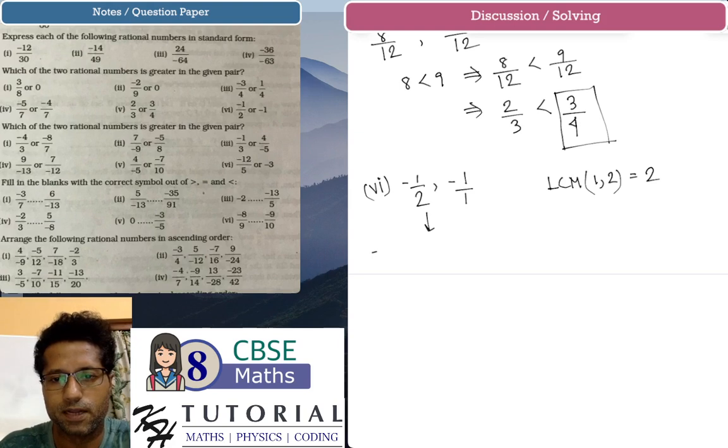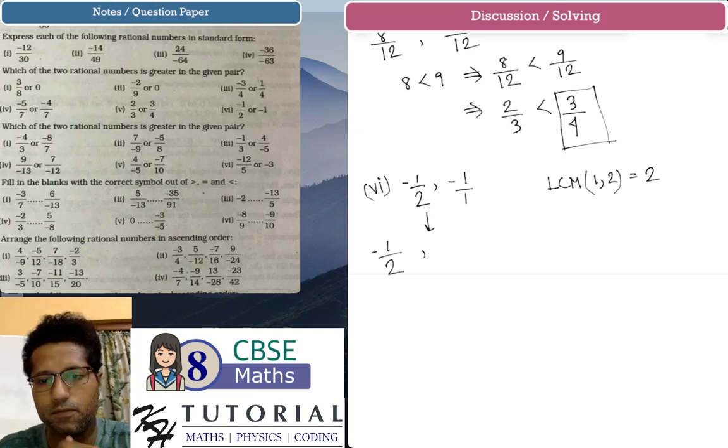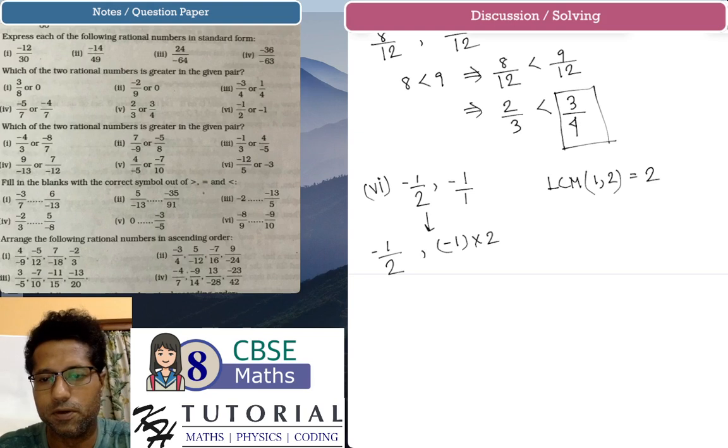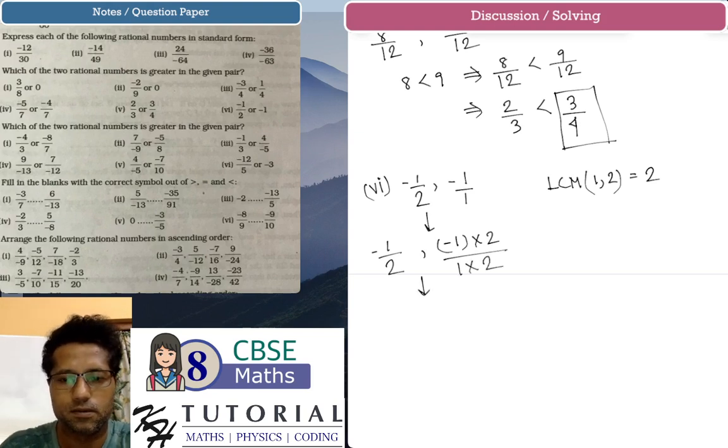So for minus 1 by 2 the denominator is already 2, so we need not do anything for that. But for minus 1 by 1 we have to multiply both the numerator and the denominator with 2 so that the denominator becomes 2. So we get the rational numbers minus half and 2 by 2.